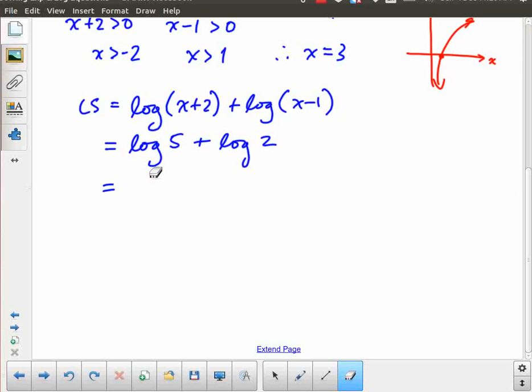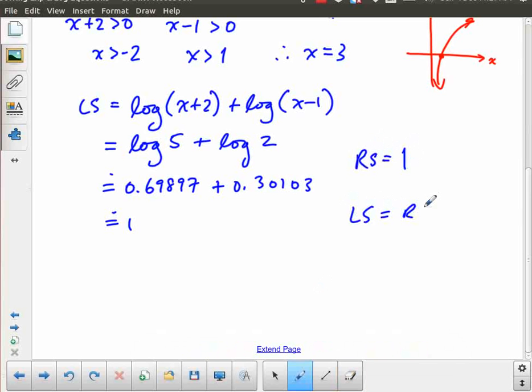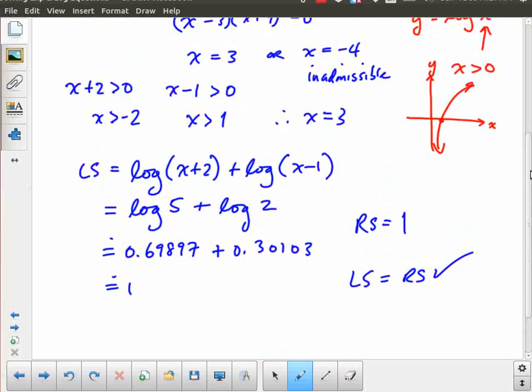We get the log of 5, which is equal to 0.69897 plus log of 2, 0.30103, and we add those together and we end up with approximately, not 10, we end up with 1, and our right side was equal to 1, so my left side is equal to my right side, and that works.